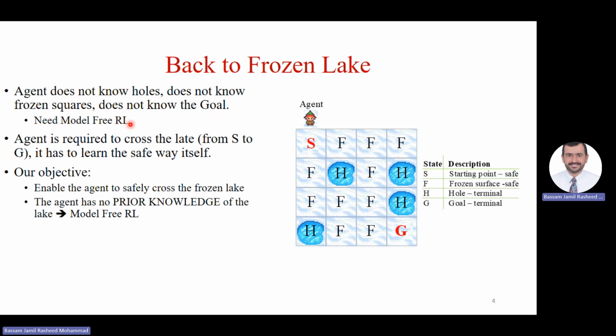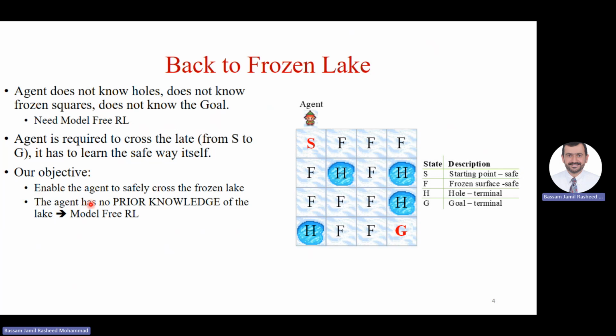Clearly we need a model-free reinforcement learning method. The agent is required to cross the lake, there's a typo here, from S to G. It has to learn the safe way itself. When it goes from here to here, crossing the lake, it has to learn it itself.